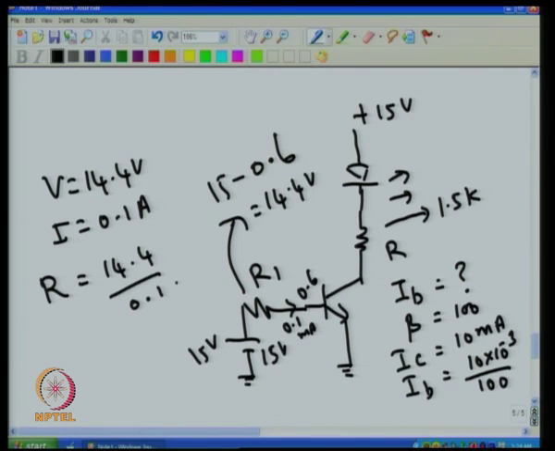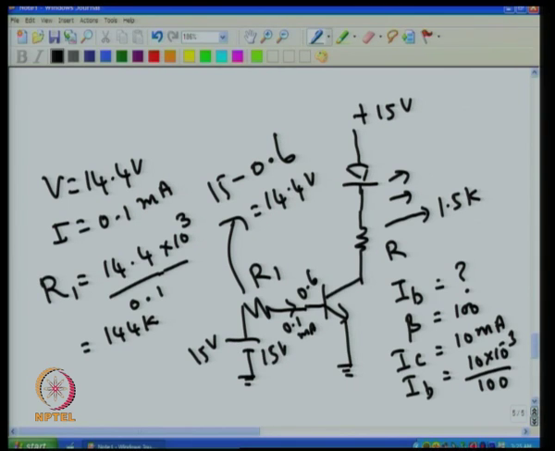So, I is 0.1 milliamps. If I take the milliamps here, that actually makes 10 power 3. So, that comes to 144 K. So, if I have this R1, I need 144 K, that will make sure that 0.1 milliampere current is flowing through that.